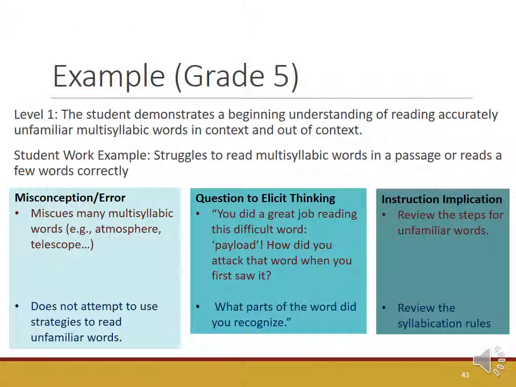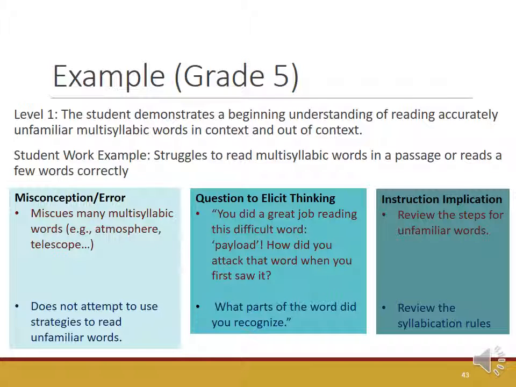This is coming out of grade 5, where we're looking at multisyllabic words. So if a student is struggling to read these, some of the misconceptions, so the Pearson system will tell you, hey, it's very likely that students will miscue words like atmosphere and telescope.